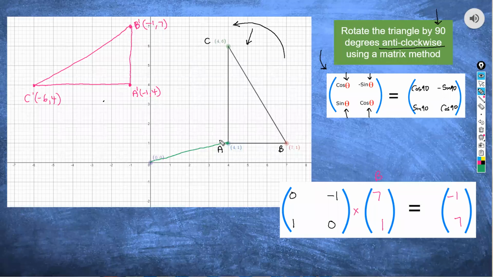For those who didn't, just follow along. When you connect A to the origin, connect it to its rotated counterpart. So you go from A to the origin and then move it to A prime.